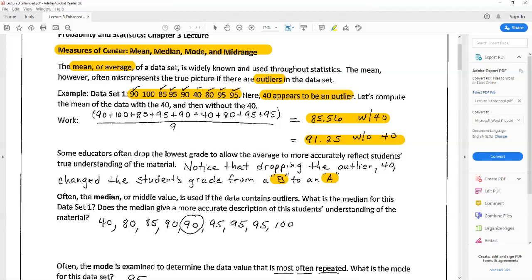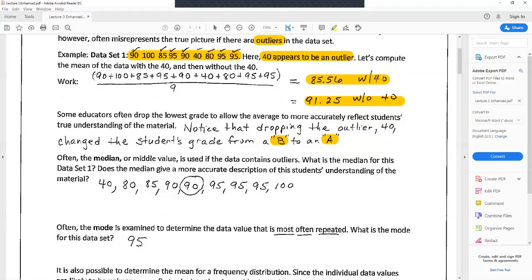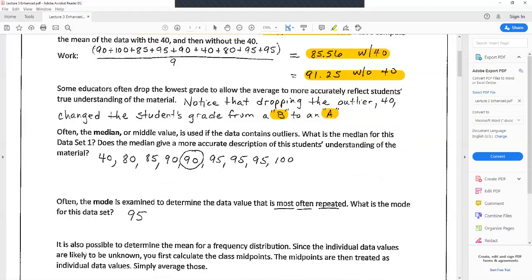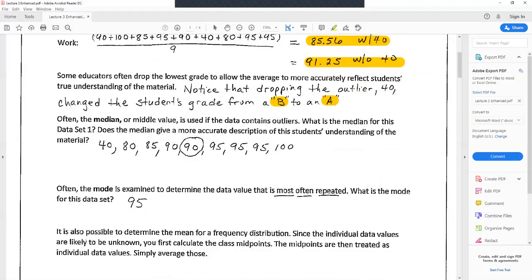If you have ever gone to Zillow or RealTracs, various real estate sites, oftentimes they will tell you the median value of a home in a particular neighborhood. Because if you have a lot of middle-class homes and somebody happens to build a $2 million home in that neighborhood, that $2 million home would be an outlier, and it would make the average for that neighborhood appear to be higher than it actually should be, okay?